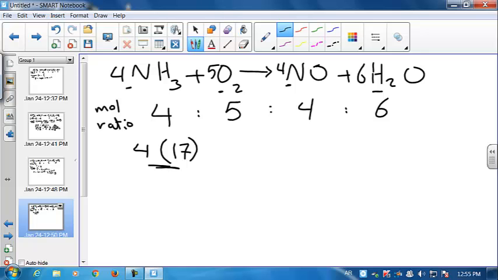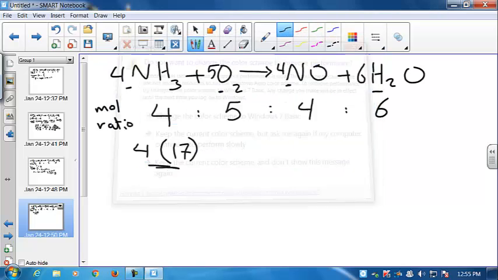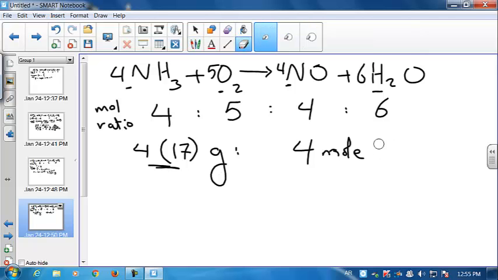How many moles of NO are formed? So this mass gives this number of mole, 4 moles. Okay.